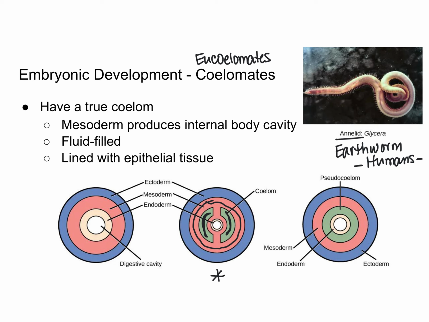So you have these internal spaces where the organs live. Remember that these spaces are produced by the mesoderm, so you can see that it's surrounded by this red mesoderm layer. It is fluid filled, and it's lined with epithelial tissue, which is similar to the tissue found in our skin. We'll talk more about epithelial tissue in a later lesson.